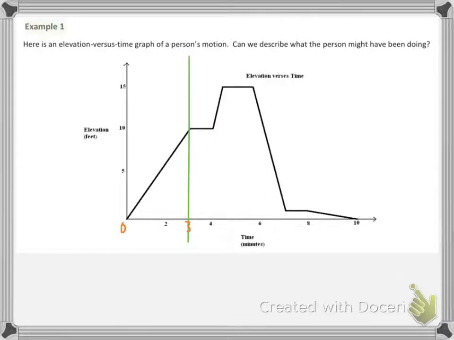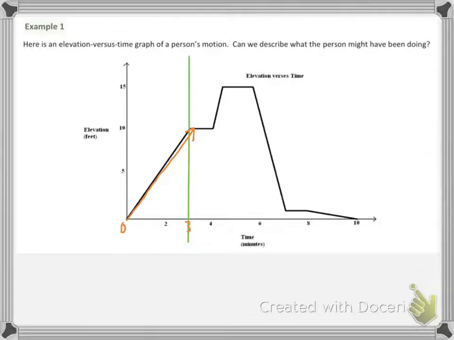The elevation is changing. So as we move from left to right and time is ticking away, elevation is going up. So the elevation changes from 0 to 10 feet in 3 seconds.